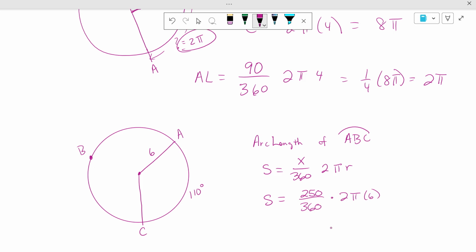Well, 250 over 360 is 25 over 36. Divide them both by 10. 2 times 6 is 12. So I have 25 over 36 times 12 pi. Well, I know 12 goes into 36 how many times? 3 times. 1 and 3. So my answer is 25 pi over 3.